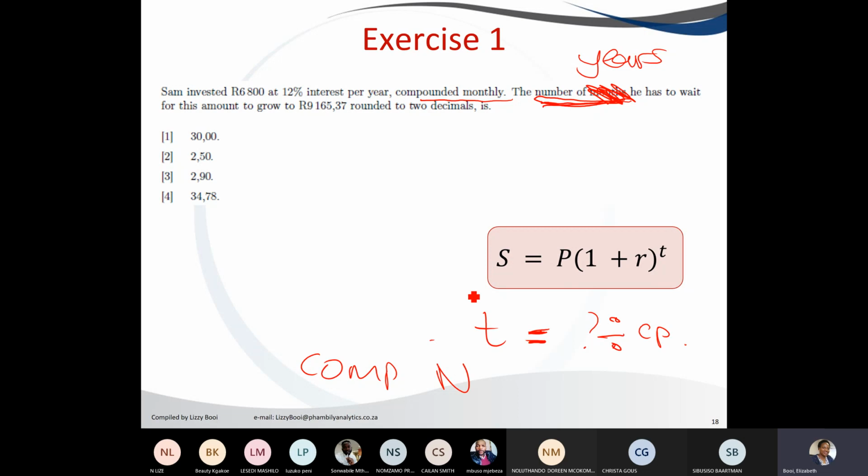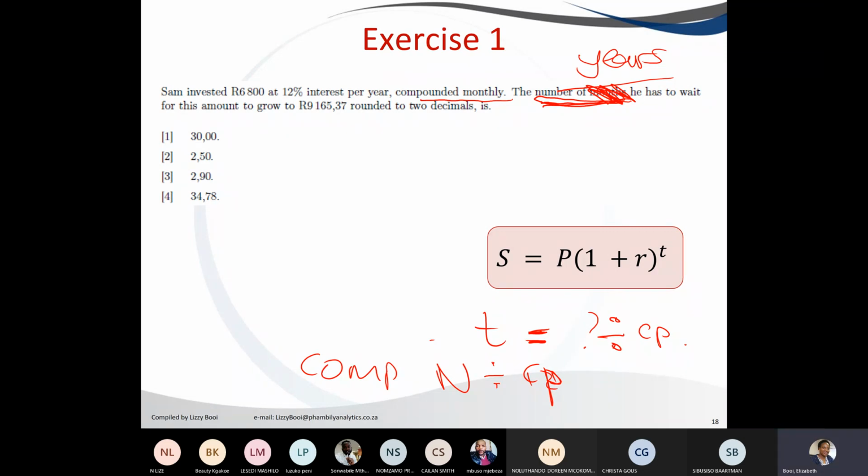So you will divide whatever answer you have by 12 months so that you get it into years. The same, you will compute N and divide by 12 months or by the compounding period. So let's say this is the compounding period. You will divide by the compounding period. And that you need to always remember.